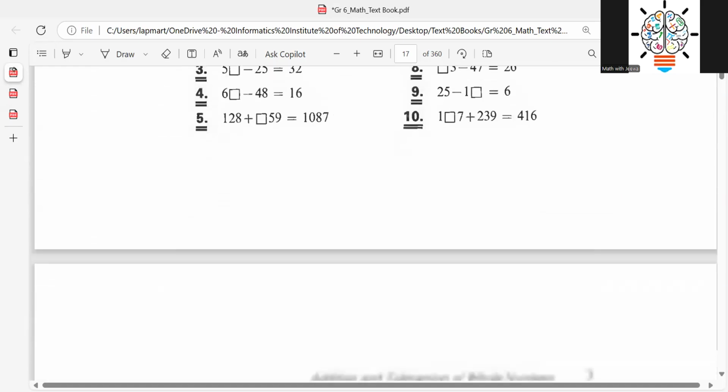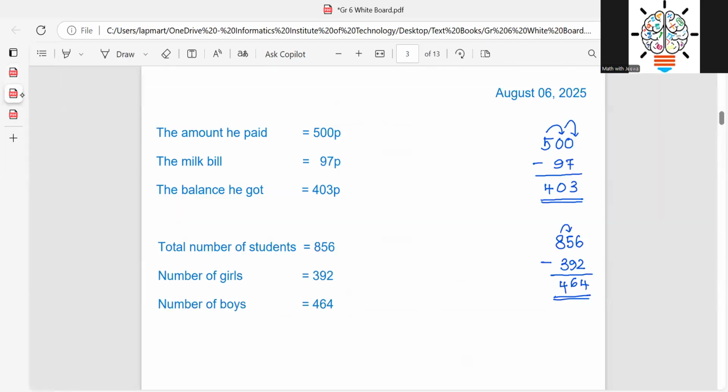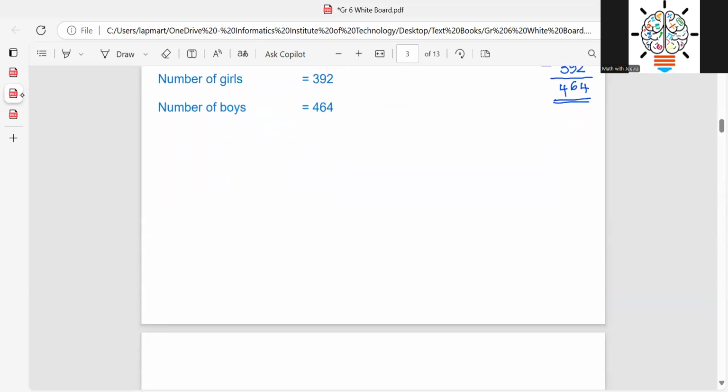So then here, mixed addition and subtraction. That is the main topic today, mixed addition and subtraction. Write down the topic, the subtopic in black color, mixed addition and subtraction.